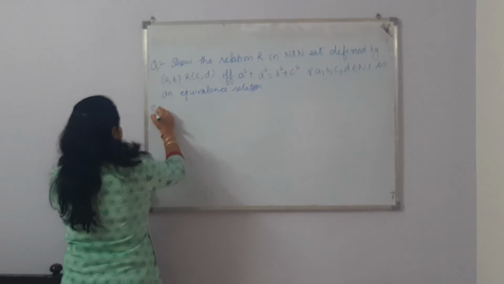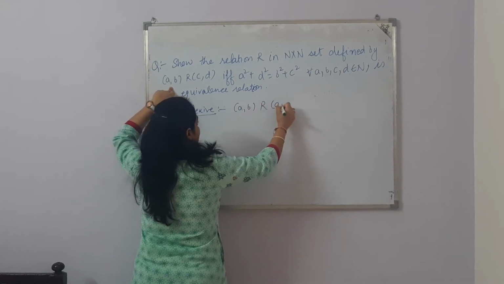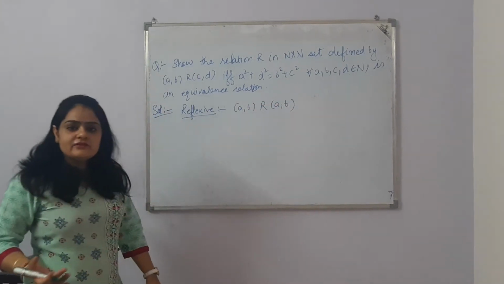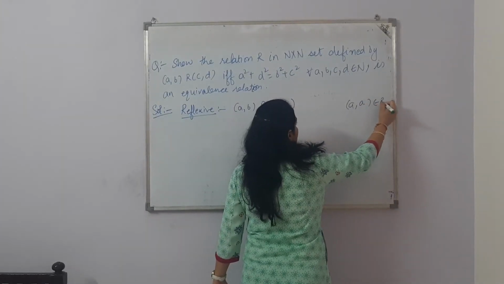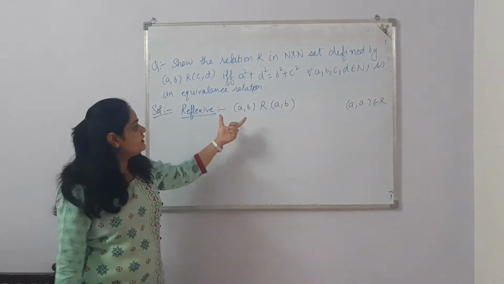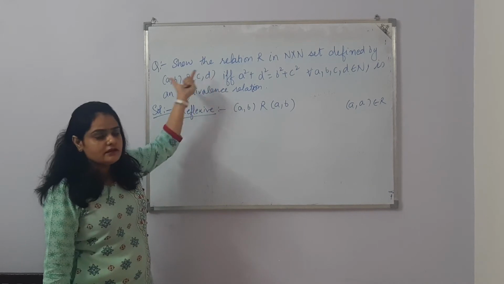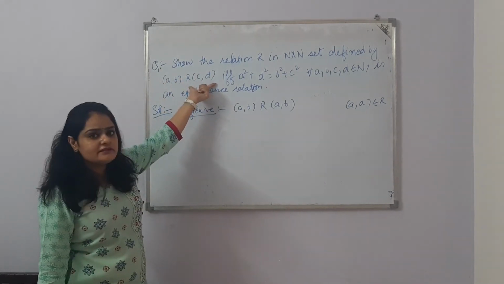Let's check reflexive. Reflexive says (A, A) belongs to R. That means if the input is A, then the output is also A. Here the input is (A, B) and the output is (C, D).